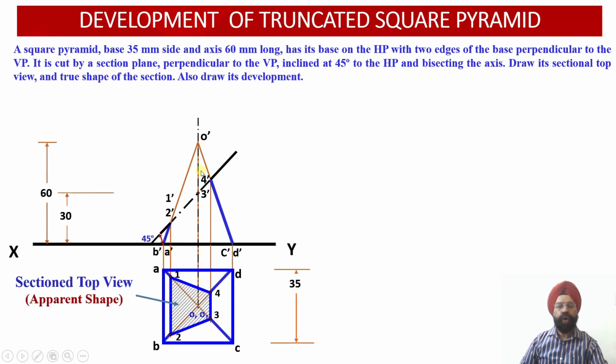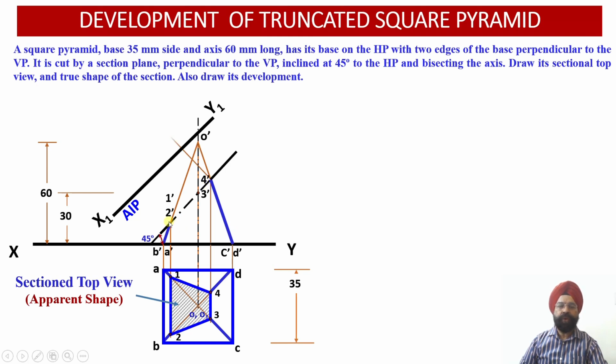Now, in order to obtain the true shape, I have to draw another auxiliary inclined plane x1, y1, which will be parallel to this cutting plane or this section surface. Here you see we have a couple of points of intersection lying on these generators.